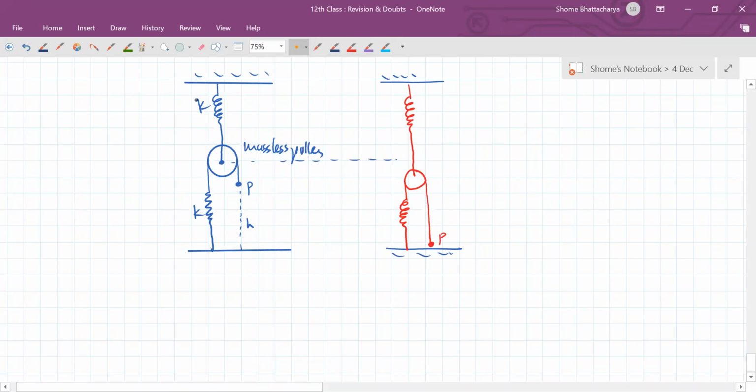In this diagram, if this length was L1, and this is where the spring is connected, so this length was L2, this has become L2 plus X2, and this has become L1 plus X1.